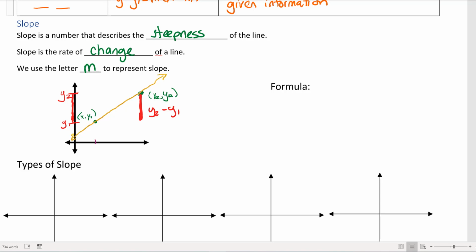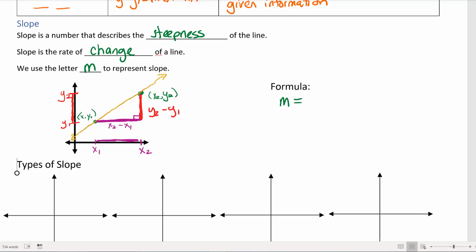Horizontally, I have x1 right here, and over here I have x2. The horizontal distance between these two points, I can get by subtracting x2 minus x1.